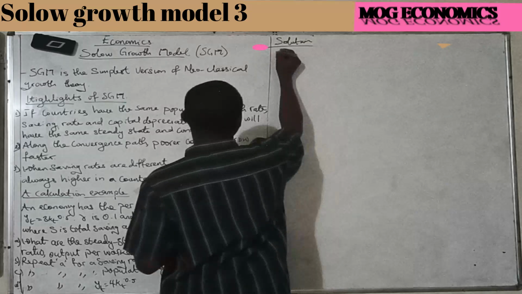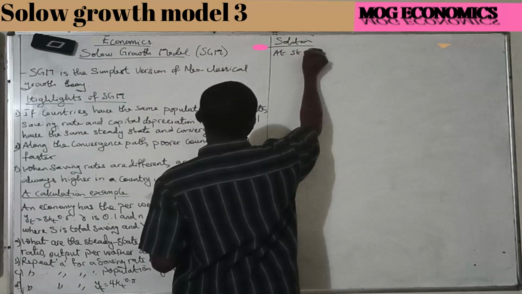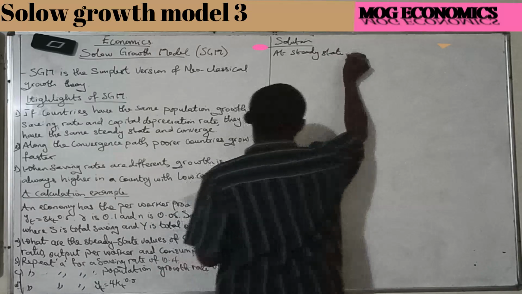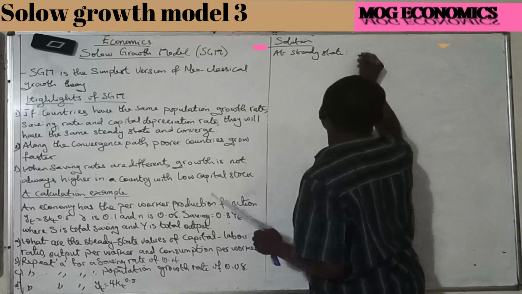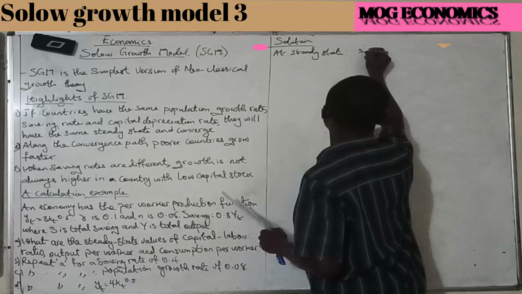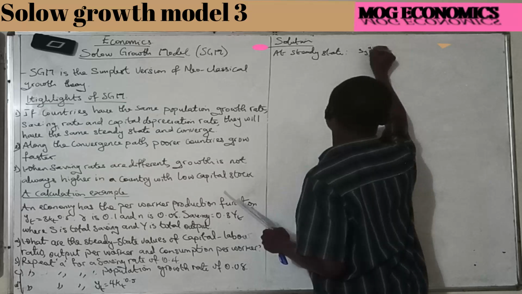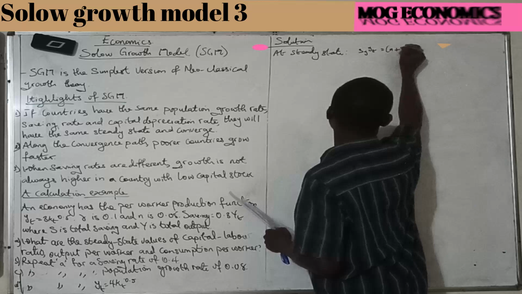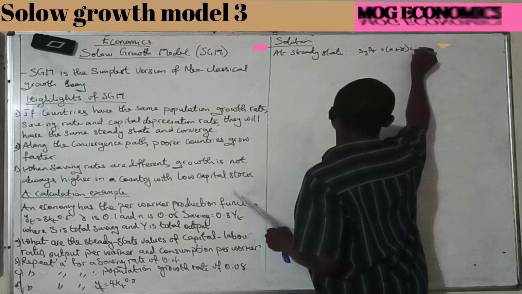So we know that at steady state, saving per worker, I call it S, and YT is equal to N plus D times IT.